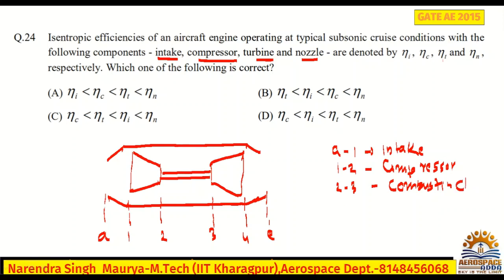And 3 to 4 is turbine, and 4 to E is called nozzle.